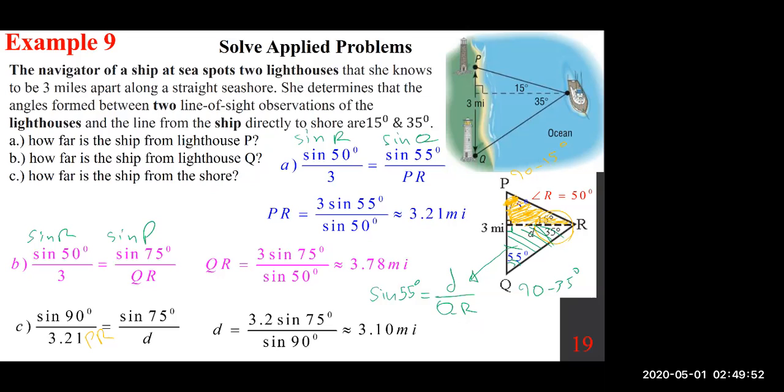And remember, QR is really known. Sine 55 is known. So multiply the two and it gives you the distance. That may even be faster. But for the sake of a section, we were using sine law here.